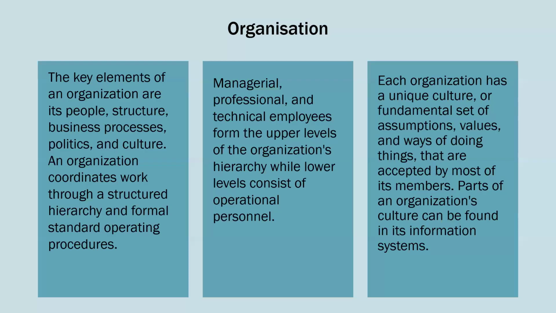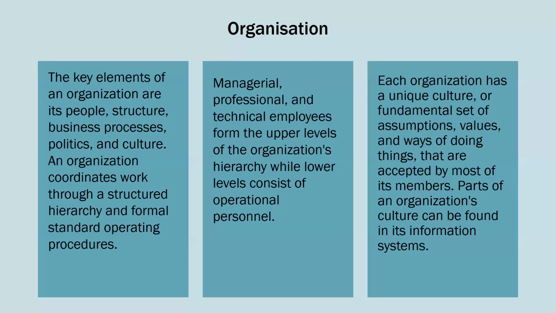Organizations have got politics, right? Then there's what we call the culture. Organizations have got different ways of doing things. Why? That's how it's done. Don't ask any questions, right? So basically, an organization coordinates work through a structured hierarchy or formal standard operating procedures.